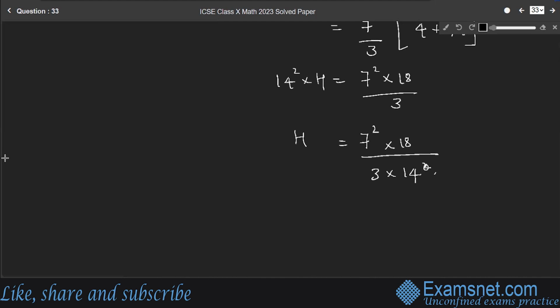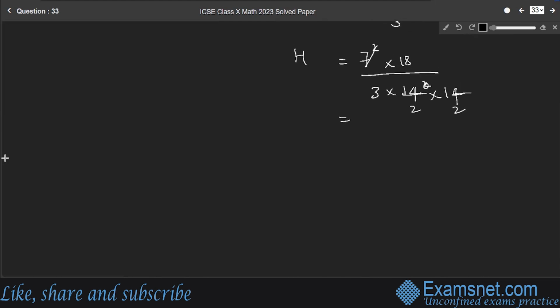Which is nothing but 14 into 14. So 7 square can cancel, 7 into 2, 7 into 2, right? Therefore it is 18 by 3 into 2 into 2, right? So h is equal to 18 by 12, which is 6 into 3, 6 into 2, 3 by 2, right?